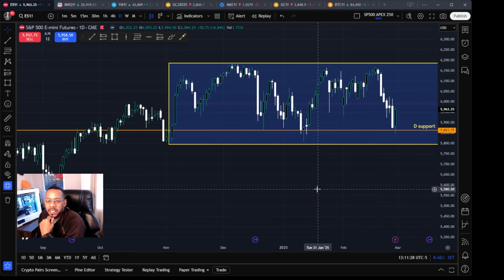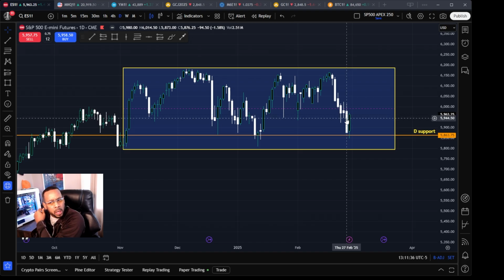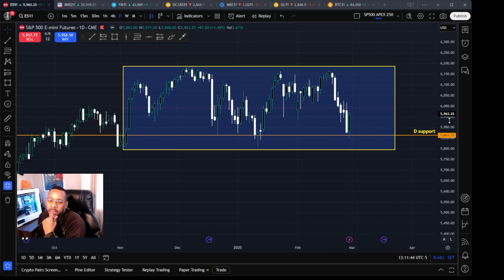I would have liked to have seen Friday's candle close above our bearish candle that opened here at 5980. We did not get that breaker structure, so I'll be very curious to see how the market opens today.